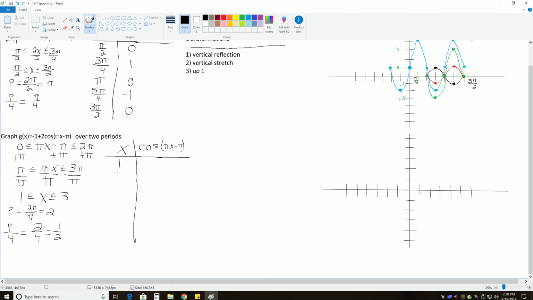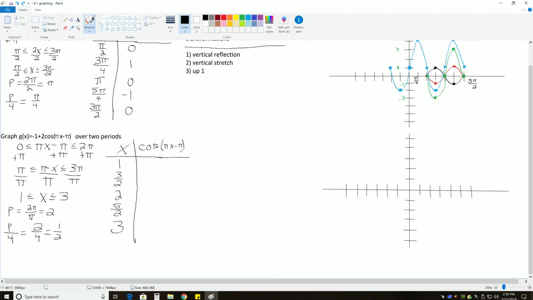We get 1 plus 1/2 is 3/2. 3/2 plus 1/2 is 2. 2 plus 1/2 is 5/2. And 5/2 plus 1/2 is finally 3. And again, we just do a quick check to make sure we've done this correctly. We start at 1, we end at 3, which is exactly what we needed over here. So we do have our correct period.